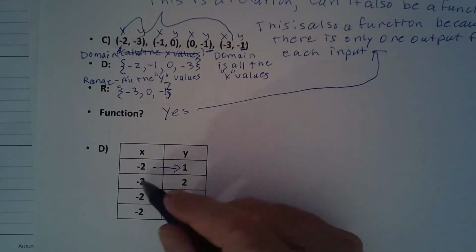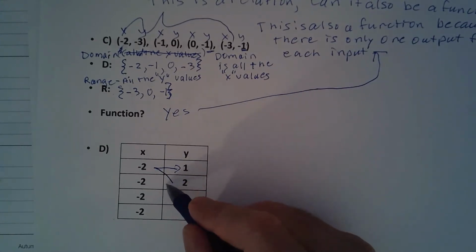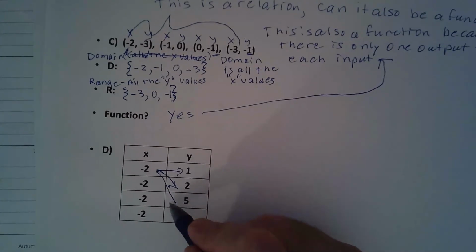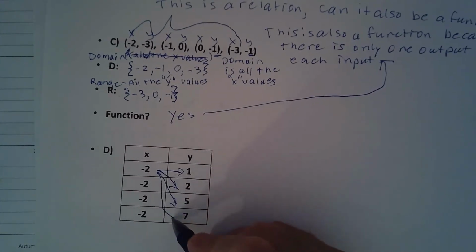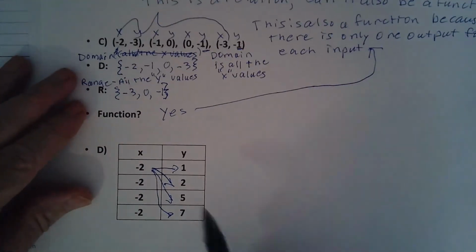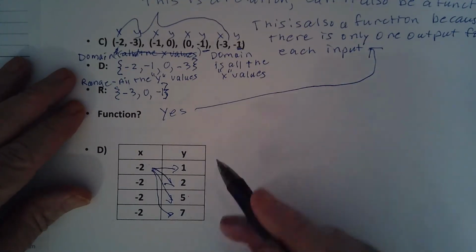But all of these are -2. So that means we could just go like this. -2 goes to 2, -2 goes to 5, and -2 goes to 7, because these are all the same. And since they're all the same, that means that this input has 1, 2, 3, 4.